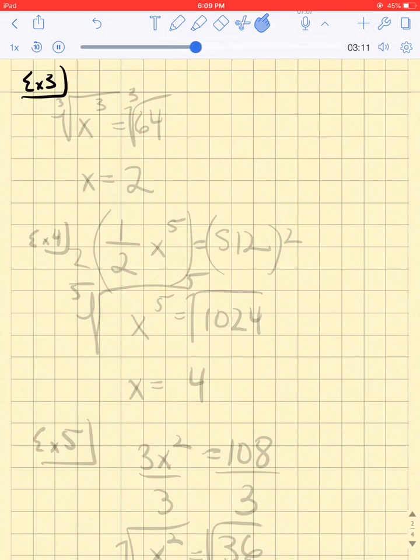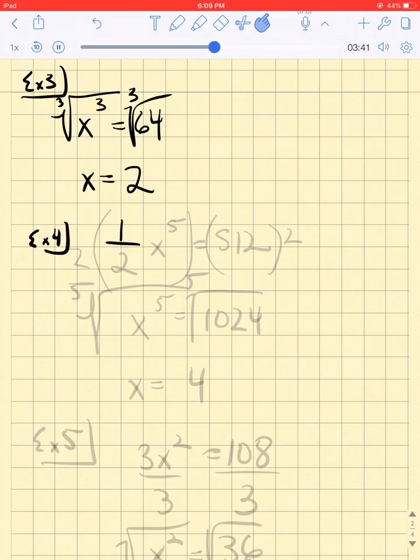Example 3 will be x to the third is 64. In this example, you have to know what n is. N is 3. Therefore, since n is odd, there's only one real solution. We have to take the third root of both sides. X is equal to 2. All right?